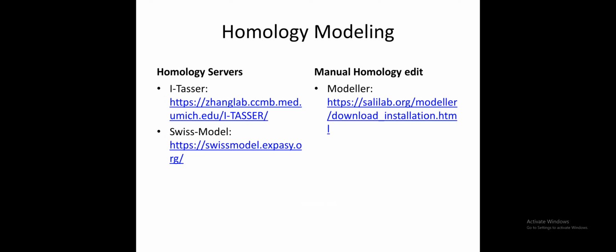They will just take the primary sequence that you submit and spit out a model for the protein. If you want more fine tuning, where for example you know that a specific amino acid is important for binding, and the models from the servers don't reflect it, for example putting it out of the active site, there's a program called Modeler, which will allow you to do this and then go on and create the homology model itself.